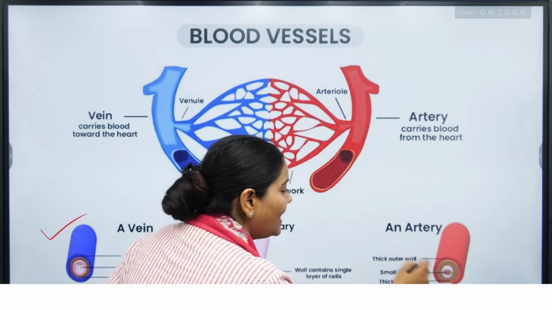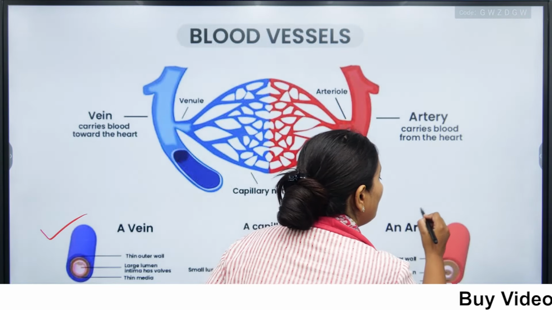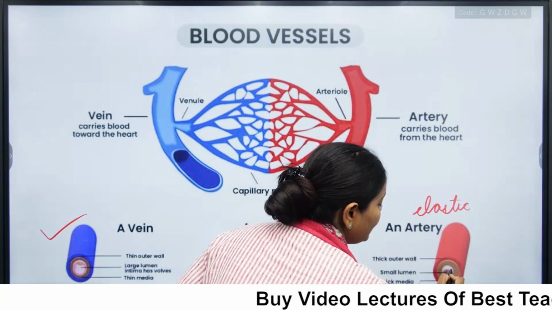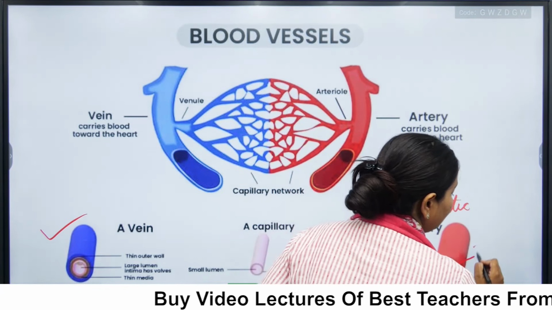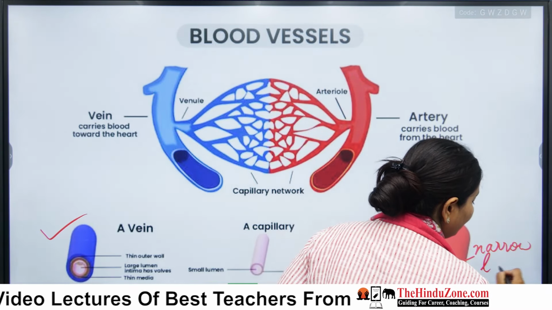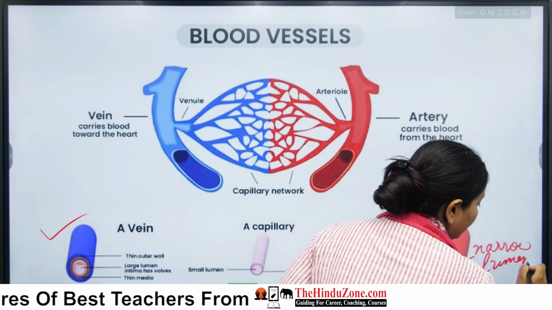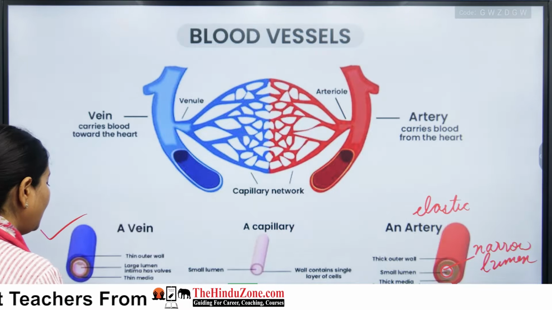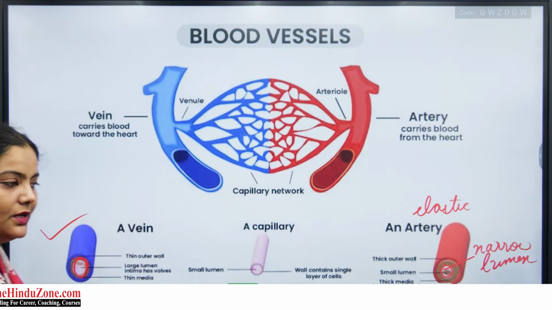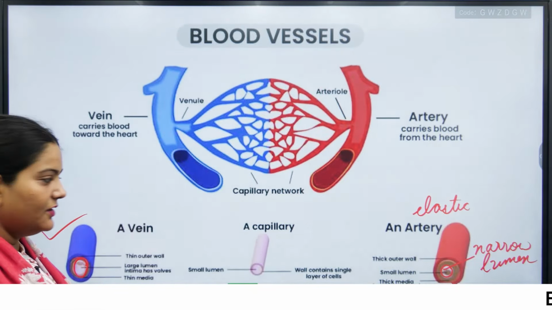See, this artery is more elastic in nature, right? And you can see it has a narrow lumen in comparison to the vein. If you can see, vein has got a larger lumen in comparison to that artery, right?